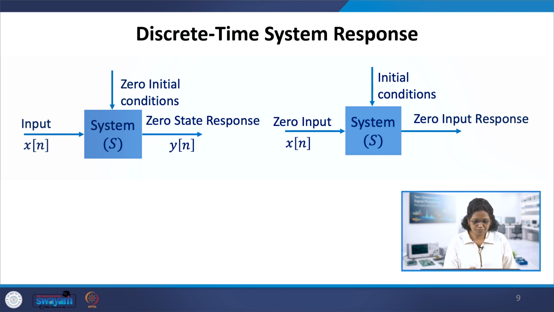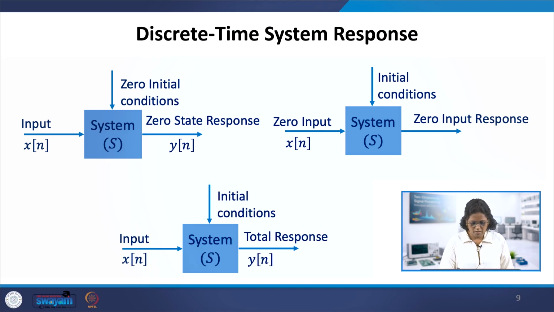The second is the zero input response: the input itself is zero, so the output is only due to the initial conditions. So y of n contains both of these, the zero input response and the zero state response. Combining the two gives the total response.